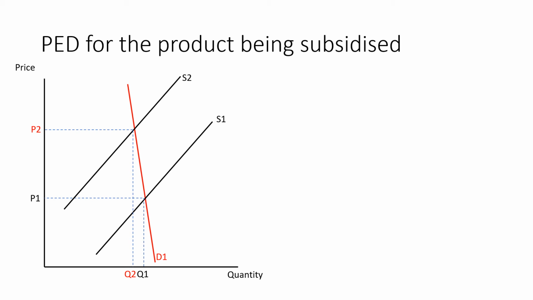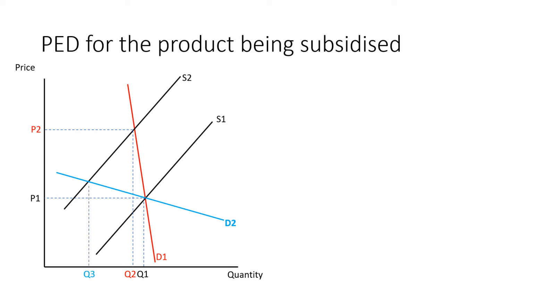A small fall in quantity is quite good news for the producer, however, because their revenue is going to hold up quite well. On the other hand, if we look at removing the subsidy of the same amount, same decrease in supply from S1 to S2, but this time the product is price elastic, as shown by the blue demand curve D2, you'll notice that the same subsidy removal has very different effects.